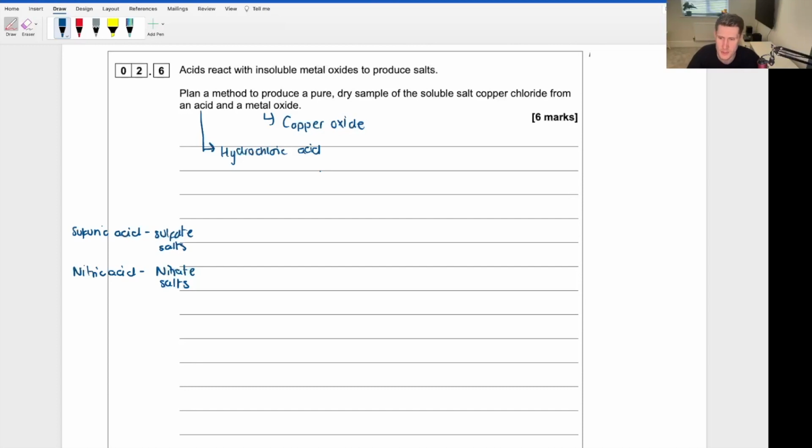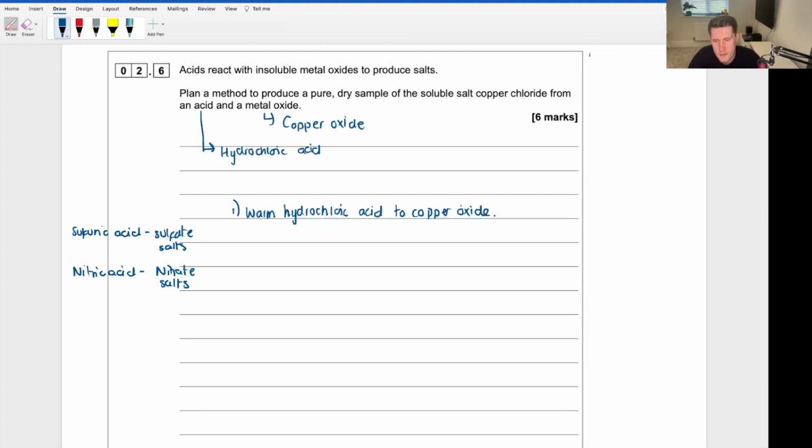Now there's a couple of extra steps we need to do. First, and I'm going to do these in stages. First, we need warm hydrochloric acid. And that's added to copper oxide. Well, technically, it's added the other way around. We add the copper oxide to the hydrochloric acid, but in terms of you getting the marks, that isn't going to make a blind bit of difference.